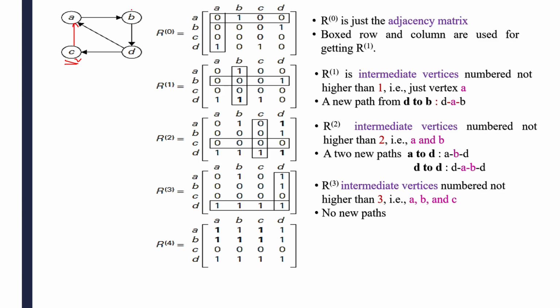In the same way, for B also I'll get the path here. Now I can take A, B, C, three intermediate nodes. Earlier I took C as an intermediate and got the path, and now I am taking A and C as intermediate nodes and I got the path to B. In the same way for D also I'll get the path here.